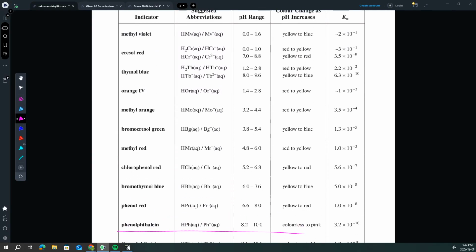We could use Cresol Red, and it's just with the last one here, the yellow to red part, that we could use.